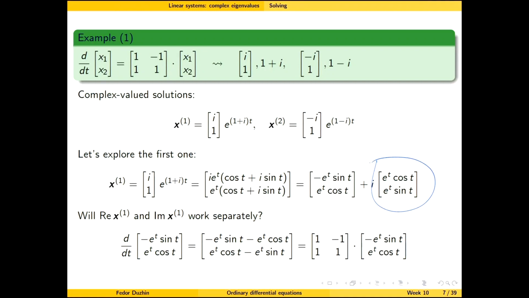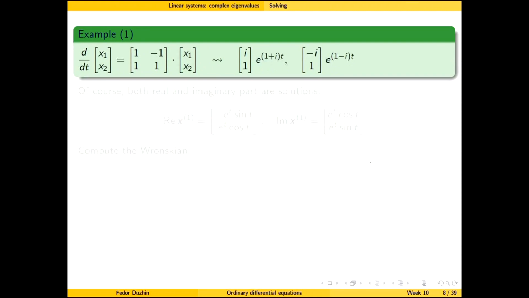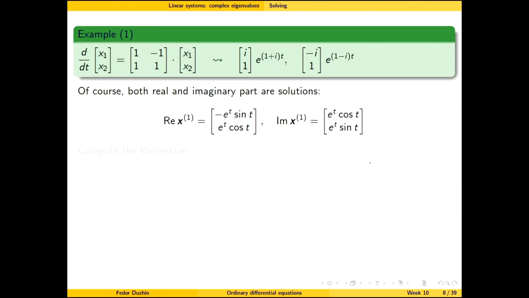And of course they are really solutions, because imagine that our x is something like x1 plus i x2, where x1 is the real part and x2 is the imaginary part.